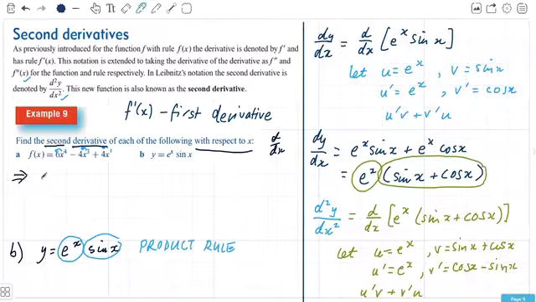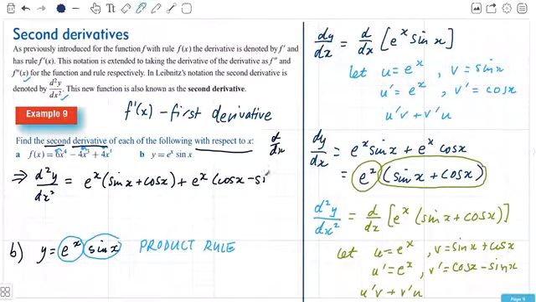So that leads us to our answer. d squared y dx squared, our second derivative, is equal to u dash v, e to the x outside of sine x plus cos x, and then plus u and v dash, e to the x outside of cos x minus sine x.